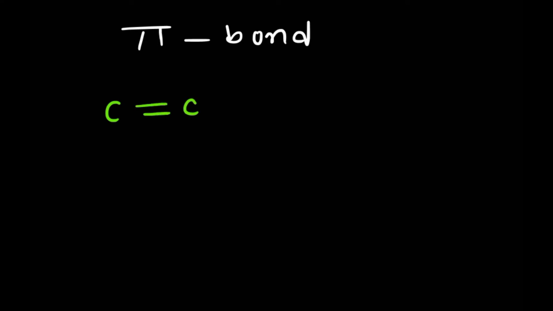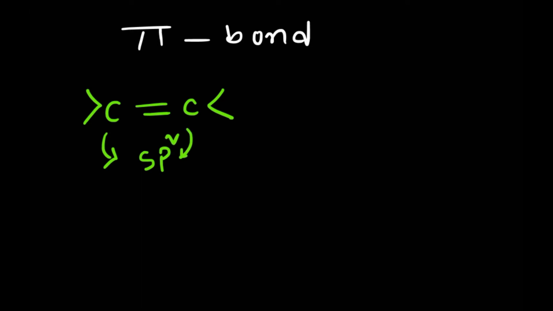Now we are going to discuss the pi bond. Let us take the example of the ethene molecule. Here you can see two bonds, one sigma bond and one pi bond. As we know, these two carbon atoms are sp2 hybridized.